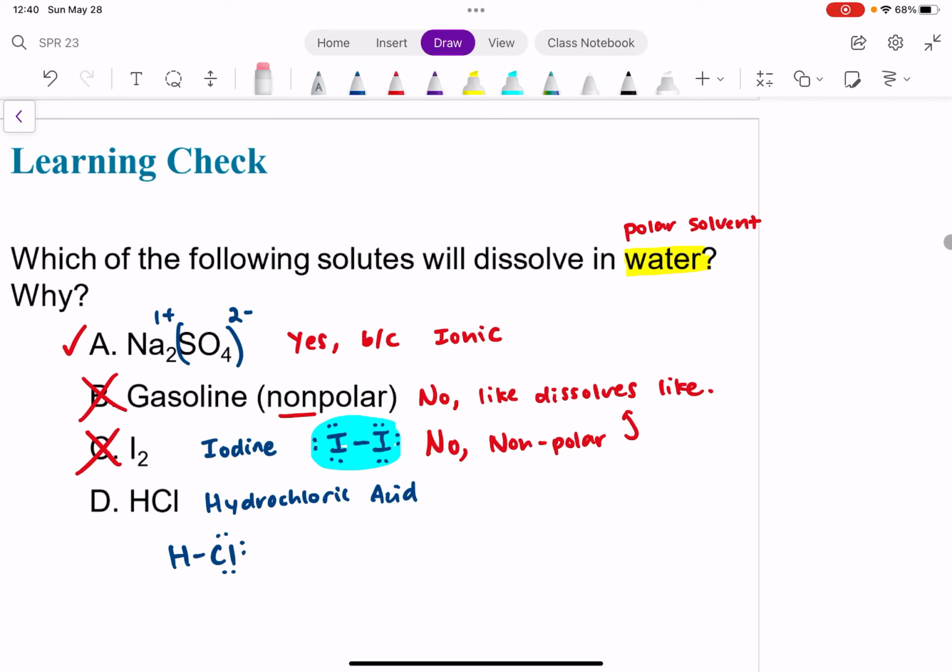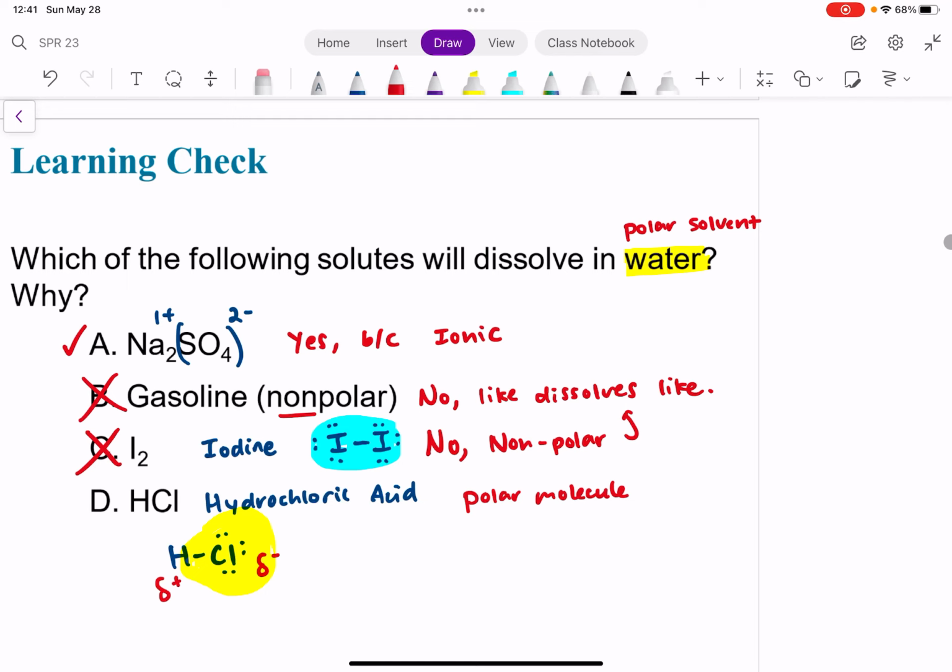But let's just look at this. So if we have chlorine, which we think is probably more electronegative, and it is, and hydrogen, which is less electronegative, that hydrogen is going to have a partial positive charge and that chlorine is going to have a partial negative. So we're going to have a lot more electrons on this side of the molecule than this side. And that's what ends up happening. So this actually is a polar molecule.